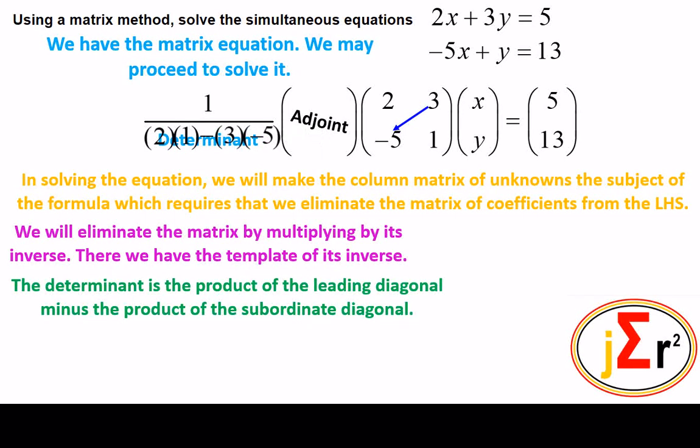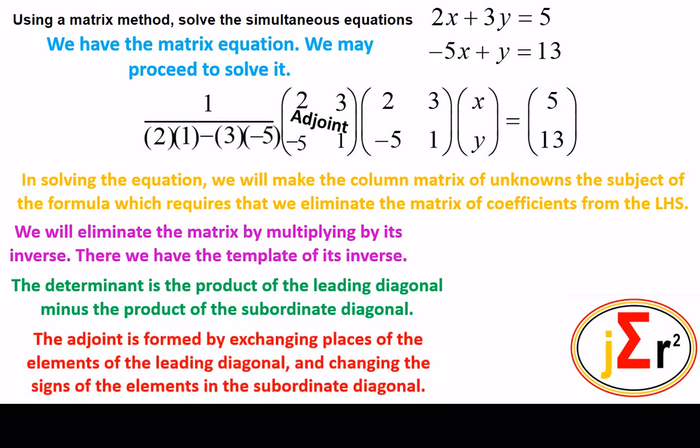Now we have 1 over the determinant. We can remove this label saying that the determinant should go there. So we will eliminate that label and take a look at the adjoint. How do we form the adjoint? Notice that we are beginning with the matrix itself.